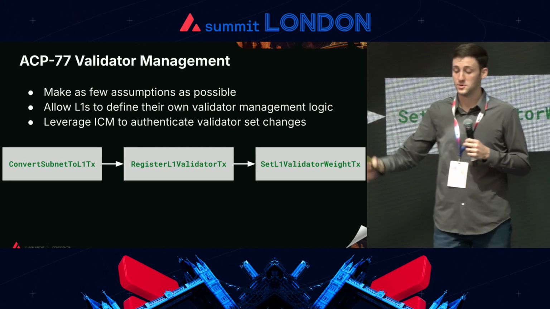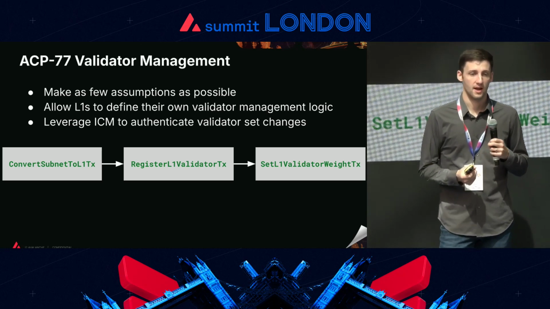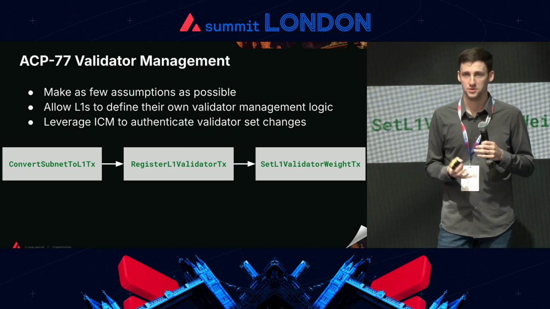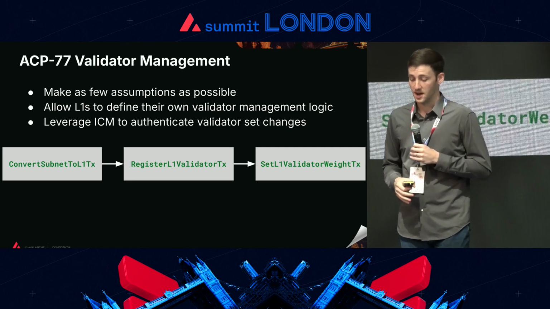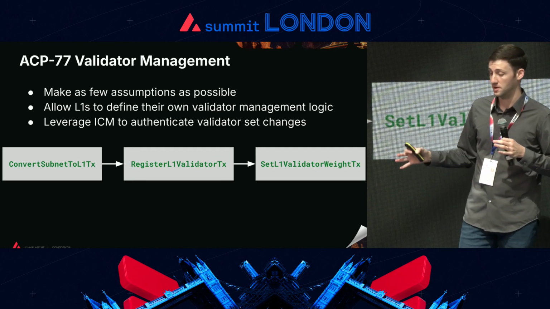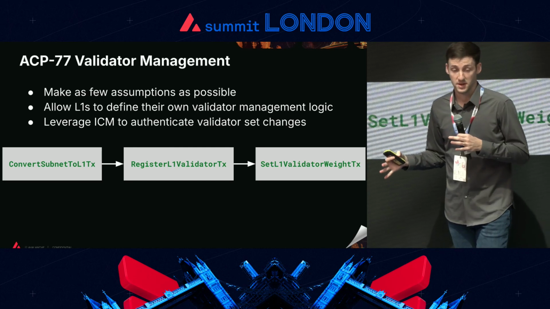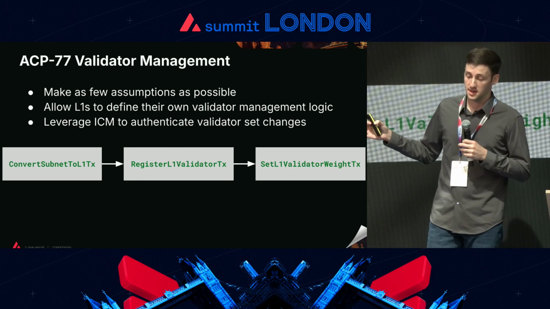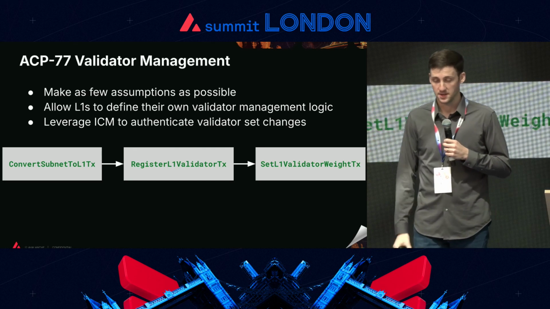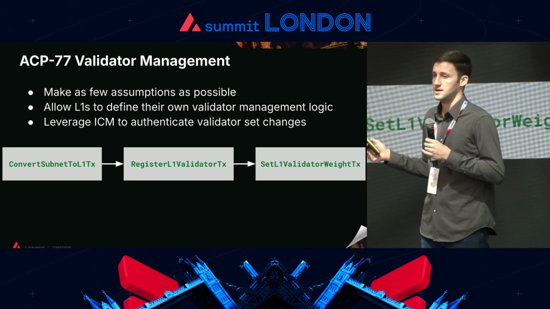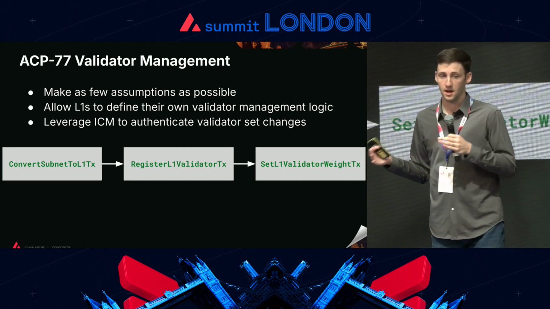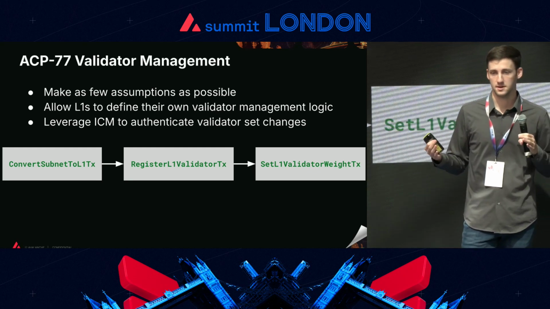Wanted to make as few assumptions as possible as far as what projects would want to do with their validator management logic, allowing L1s to define their own contracts for these validator managers, and leverage ICM to authenticate changes to the validator set. And what we mean by that is that the P chain is still the registry of all validators.